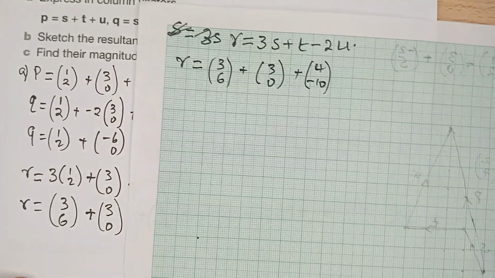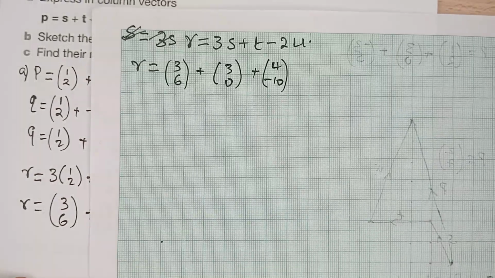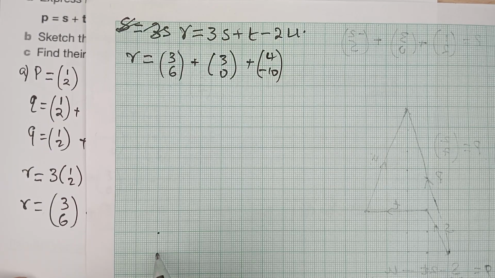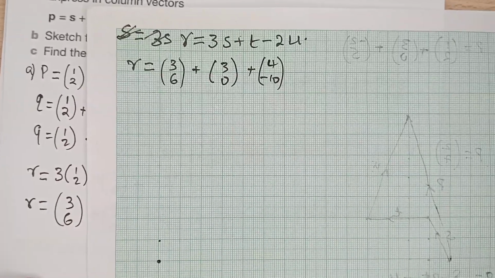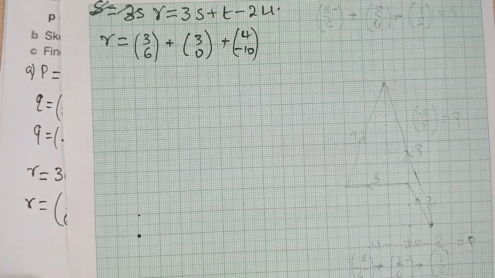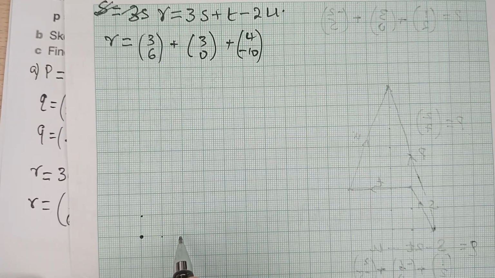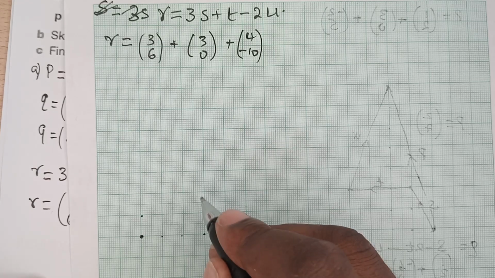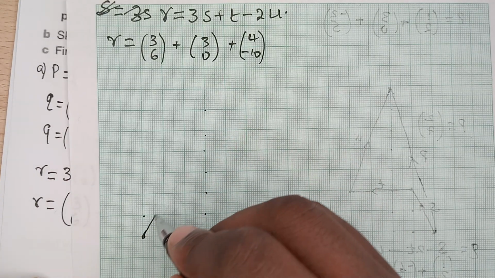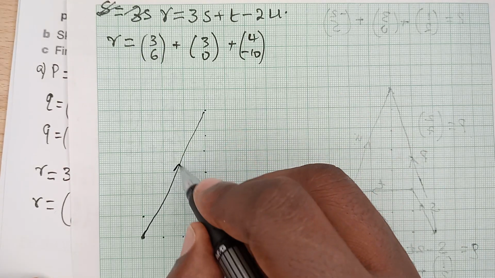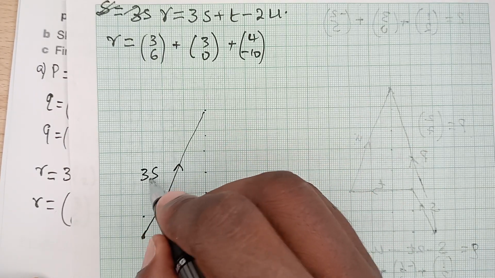Let's start sketching the graph. Let's start here, 3, 6: 1, 2, 3, then 1, 2, 3, 4, 5, 6. This is the vector that is 3s.